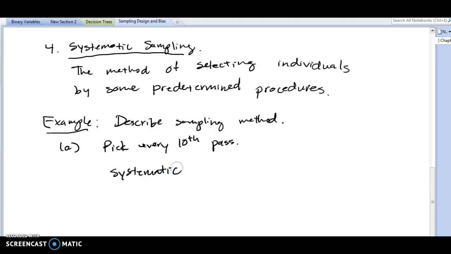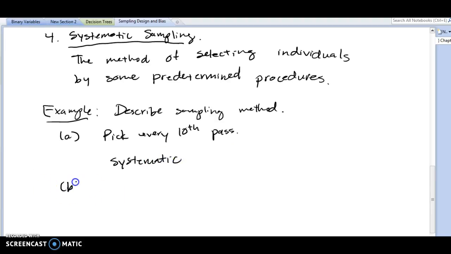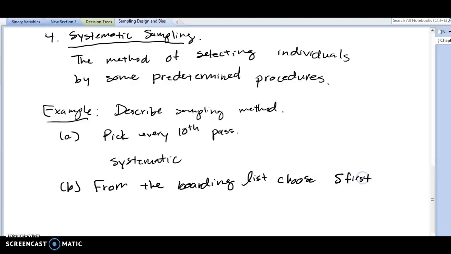That's all we're doing is identifying each individual by a common pattern. Next, from the boarding list, choose 5 first class passengers and 25 passengers from coach. Again, this should be pretty clear. You probably have a certain ratio of such passengers on the flight, and this is an example of stratified.